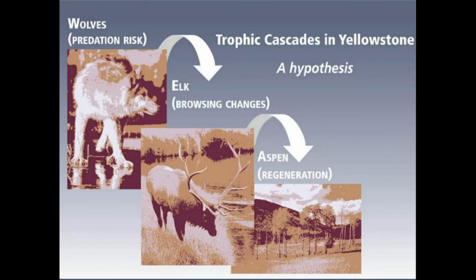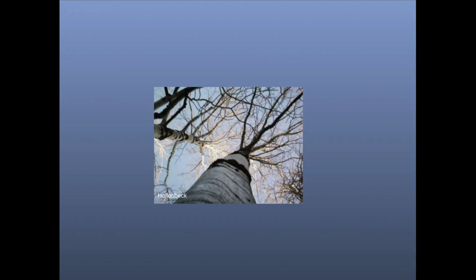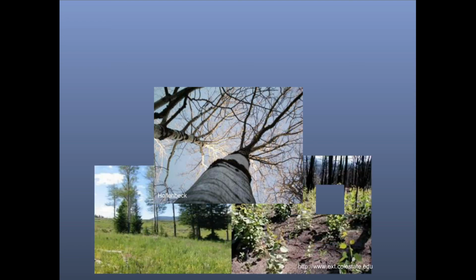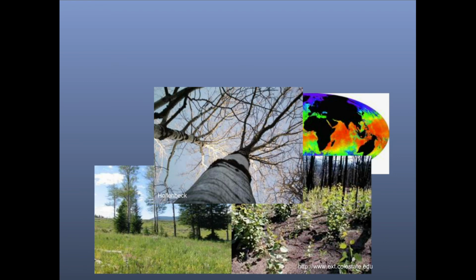So in summary, we believe that all the data is very suggestive of a trophic cascade among wolves, elk, and aspen within the park, based on the decade of work we collected and the work conducted by other scientists in the park. And lastly, I know I've been focusing a lot on trophic cascades, but when we think about aspen recruitment, I have to think about successional processes and fire, and climate change, and herbivory.